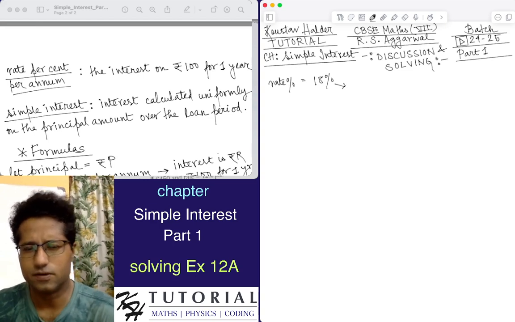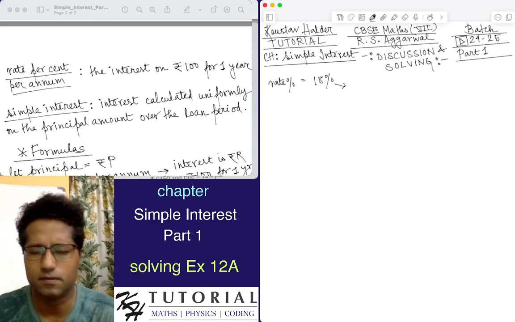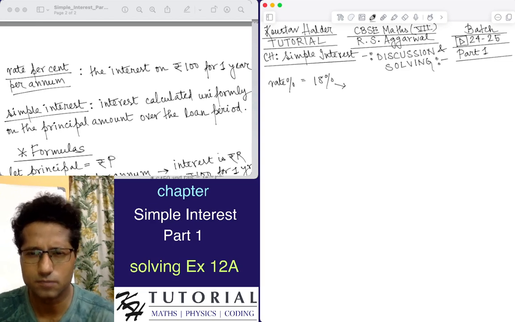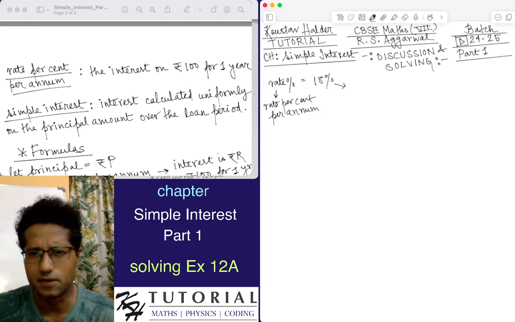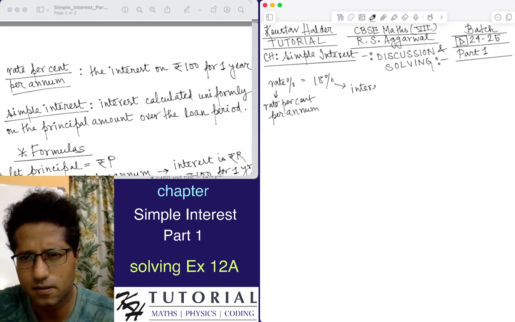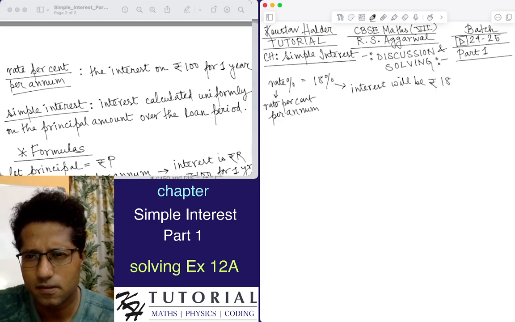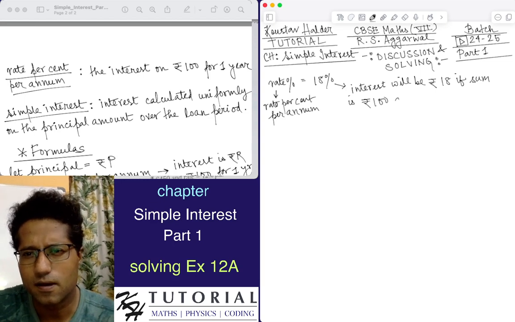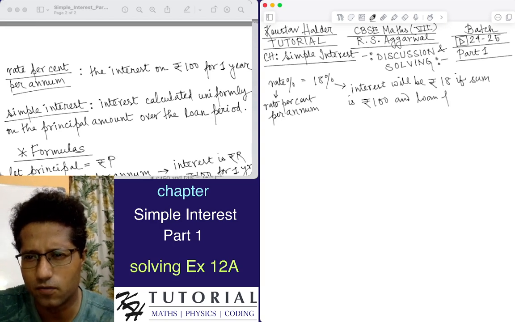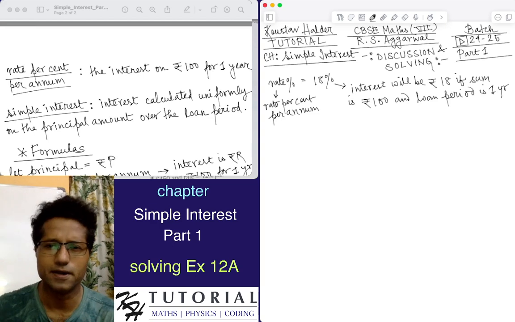This means that if a person is borrowing some money as a loan from the bank, and the bank says the rate percent per annum, always rate percent per annum, is 18%, this means the interest, that is the extra money, will be rupees 18 if the sum or principal is rupees 100 and the loan period, or period of loan, or time, they all mean the same thing, is 1 year. This is the whole concept of rate percent per annum.